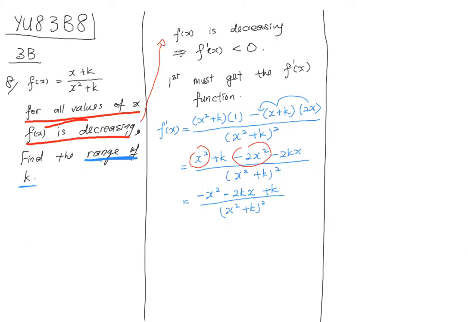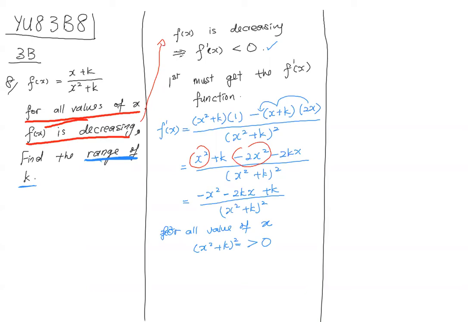So how am I going to analyze this situation? Because f prime x involves a fraction, I know that for all values of x, x squared plus k squared is definitely greater than 0. Anything squared is definitely positive.